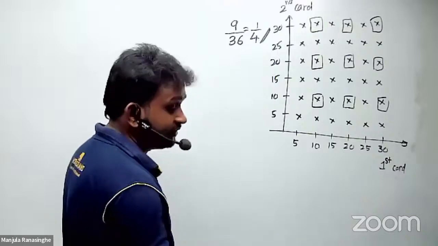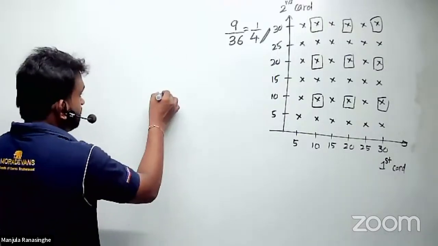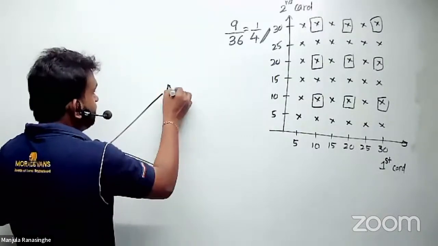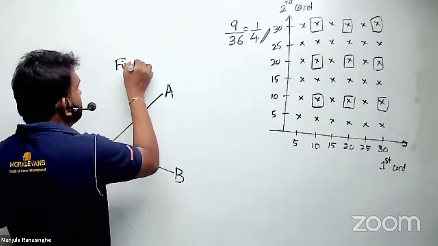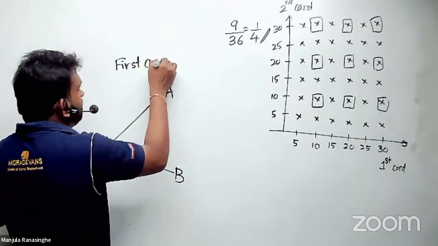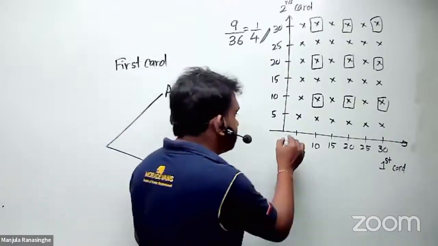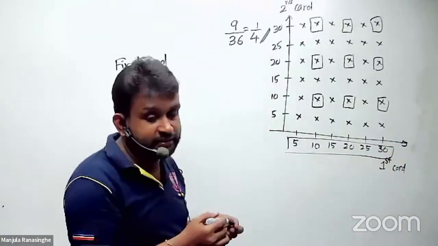First take. Without putting back, A is taking a multiple of 5 only and B is taking a multiple of 10 only. Right, first card. Look, these are the cards.